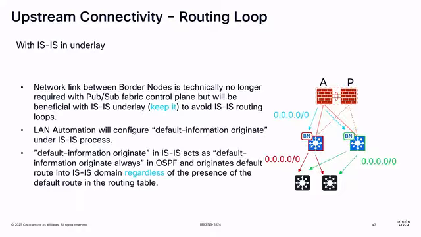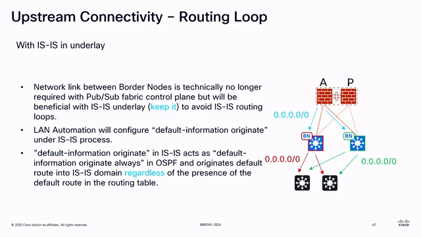However, consider this scenario. You have ISIS. Your borders have BGP peering with the firewall. So firewall is advertising the default route to each box. Then each box is also part of the ISIS domain. So they're originating the default route into ISIS domain. The way that they do it, LAN automation puts default-information originate.